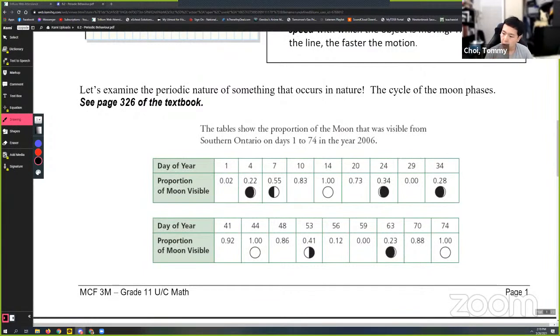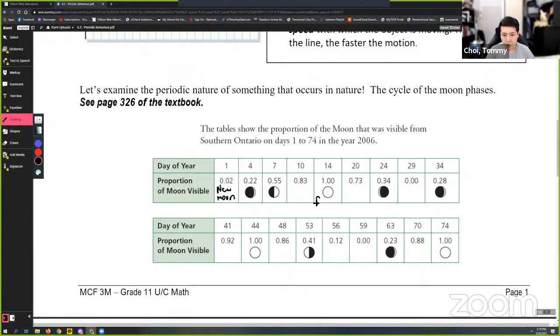And the reason why we know that is, for example, on day 1, it tells us that you can barely see the moon, and this is technically called a new moon. So outside, if you were to look at the moon, this is called a new moon. And the reason why it's called a new moon is because the moon is not visible.